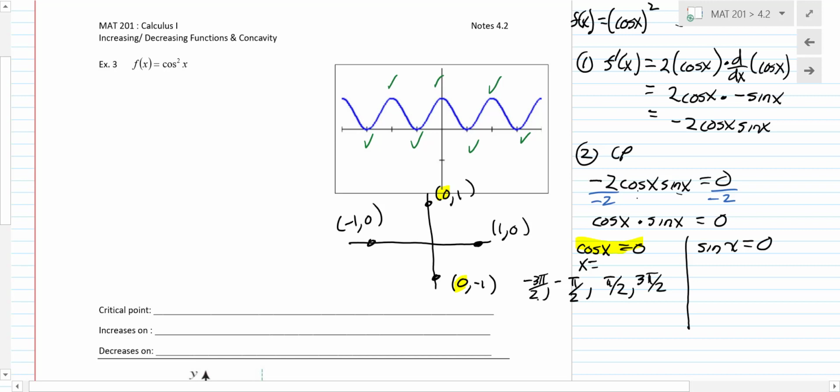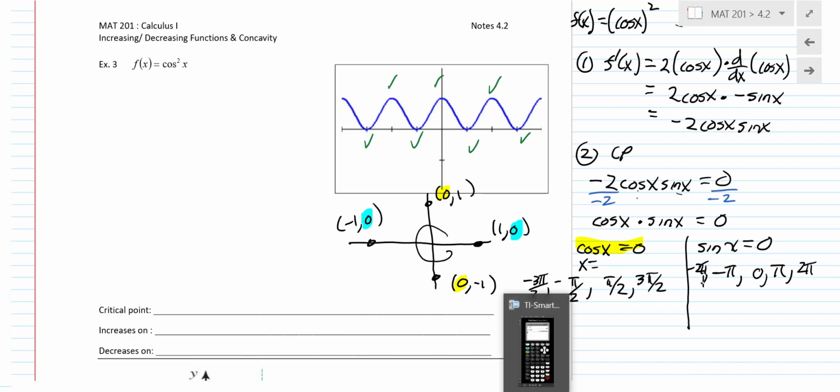And then if you go to the sine, where is the sine equal to 0? 0 and pi, right? So you'd have 0 and pi, and then negative pi, and you could go all the way to 2 pi, and so forth, out like that.